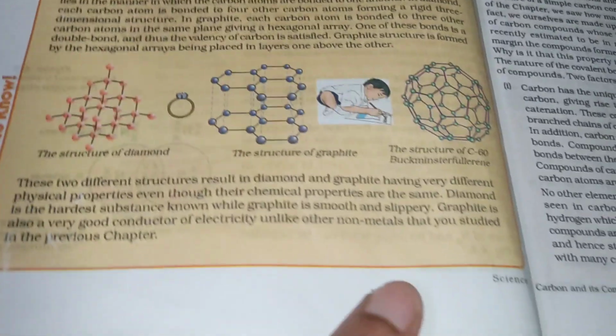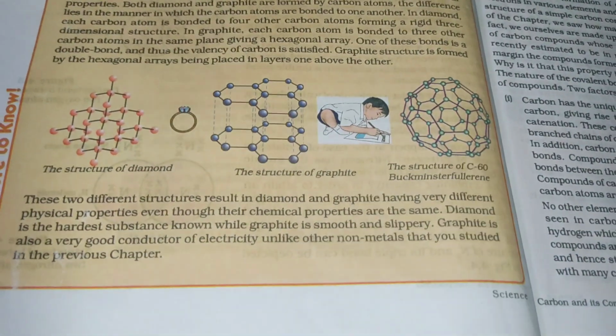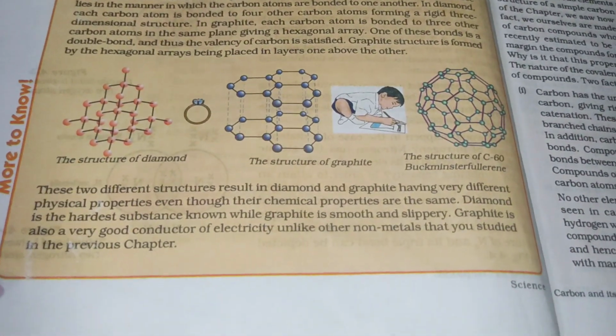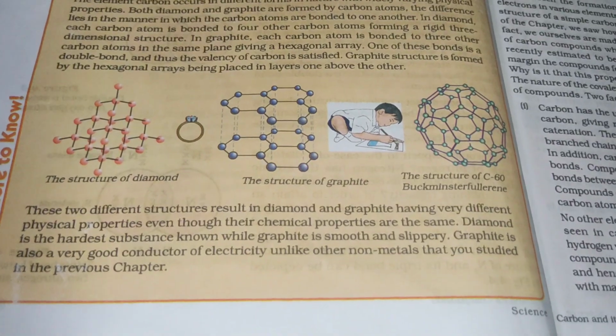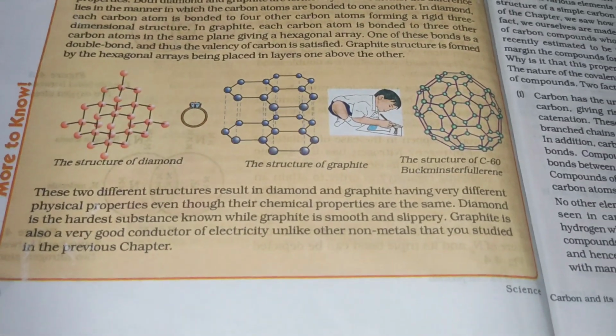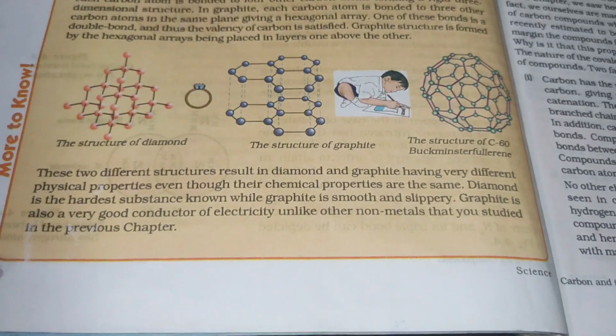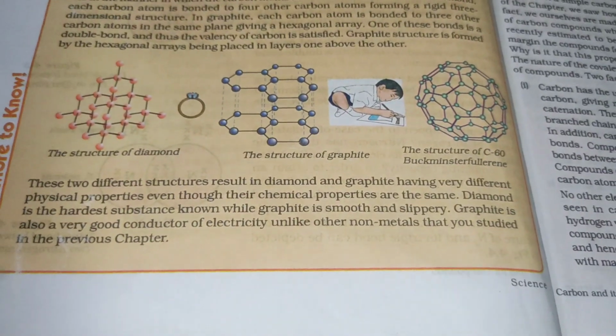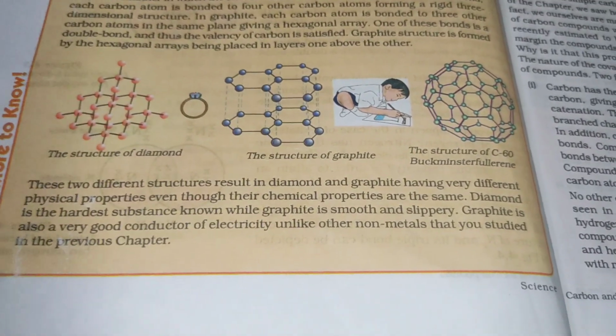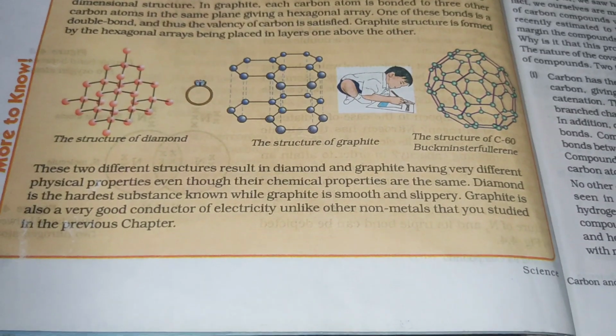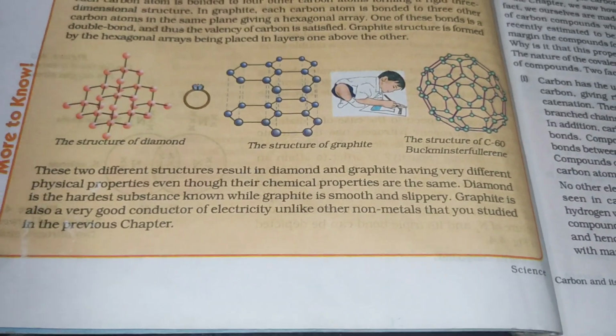So these two different structures, diamond and graphite, have different physical properties, though the chemical properties are the same. Diamond is the hardest substance we know. Graphite is a smooth and slippery substance, and a very good conductor of electricity, unlike other non-metals you studied in the previous chapter.